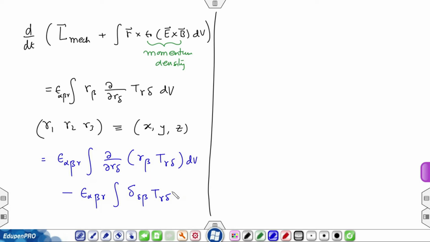This is the term, and this goes over to, now the first term I can write as a surface integral, right.